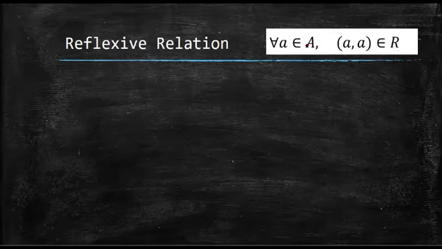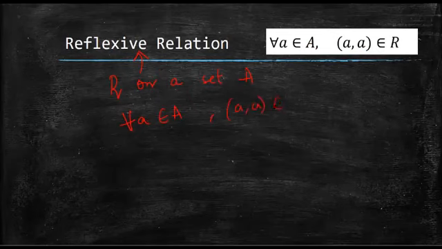A relation R on a set A is called a reflexive relation if for every element A which belongs to set A, A comma A belongs to R. How can we consider this with an example?